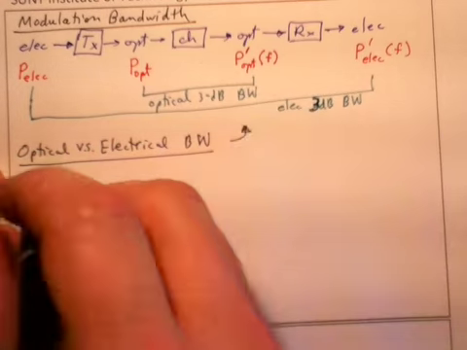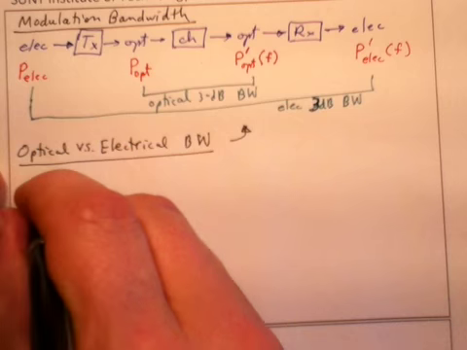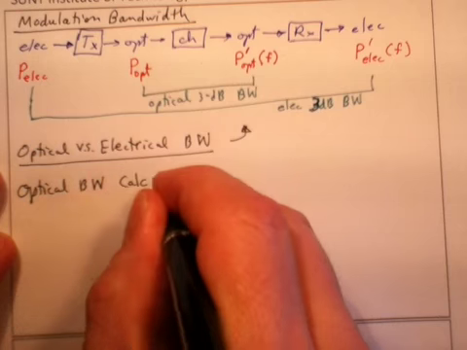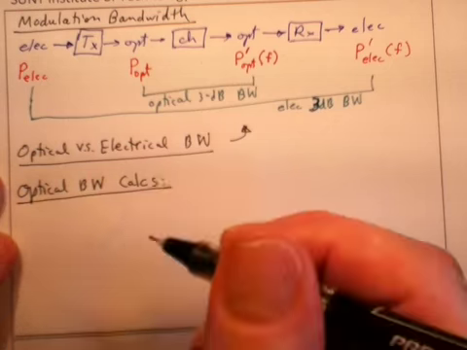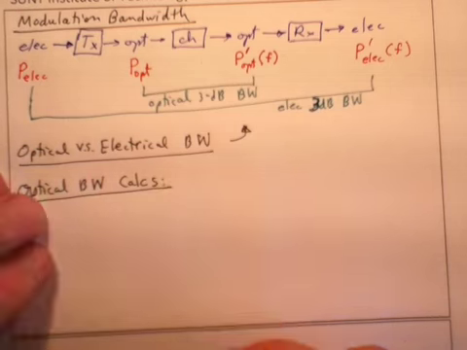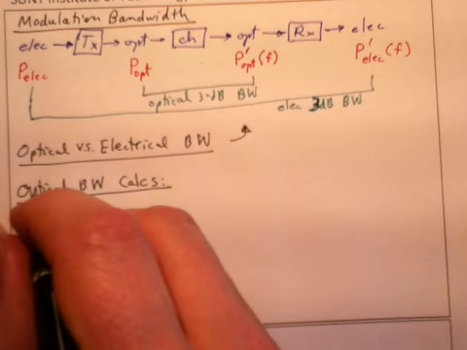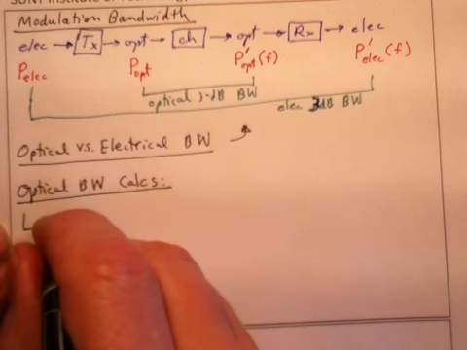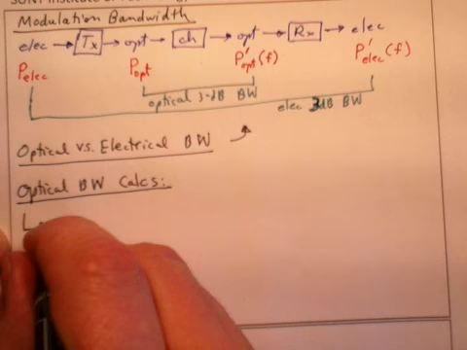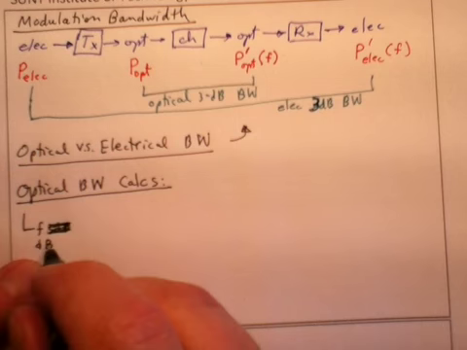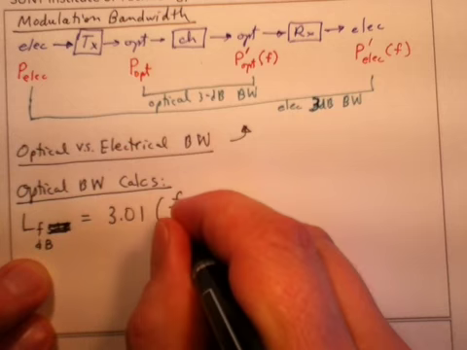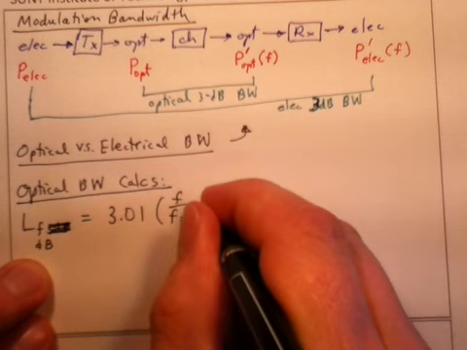Now I'm going to talk about optical bandwidth calculations and show you that this equation we derived in the previous video, the frequency dependent loss measured in decibels, is 3.01 times f over f3 dB squared.